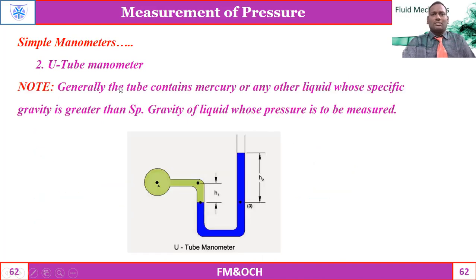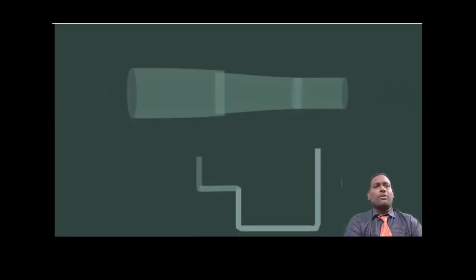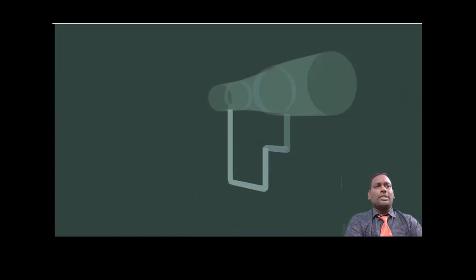The same thing is shown in a figure where the tube contains mercury or any other liquid whose specific gravity is greater than the specific gravity of the working liquid. To understand how a U-tube manometer works, you need to understand hydrostatic pressure.